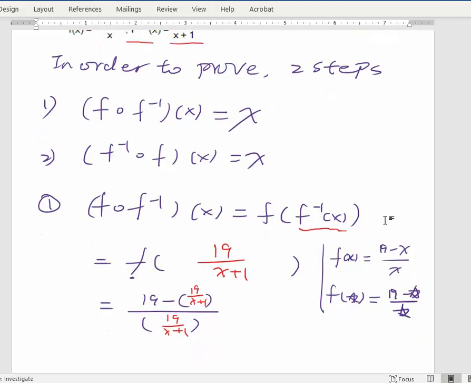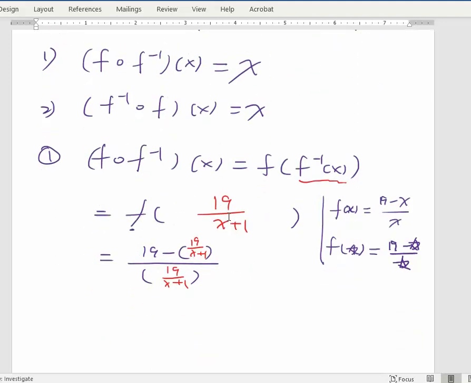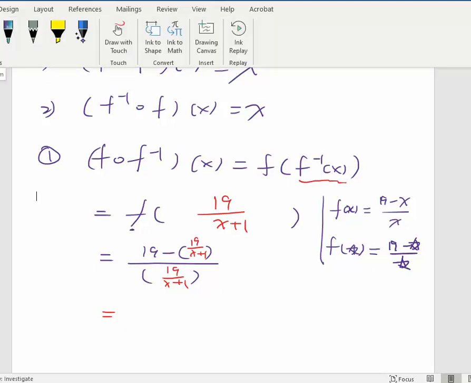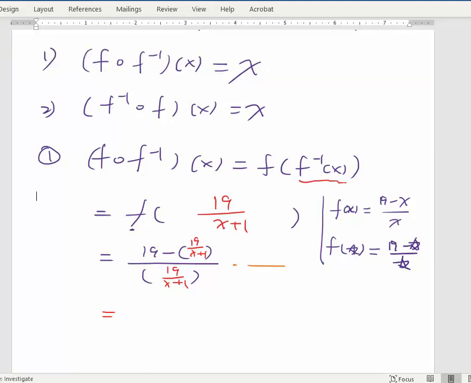So we're going to just go ahead and simplify. Now I use the f function for this one. The rest is just simplifying. In order to simplify this one, I am going to multiply top and bottom by x plus 1 over x plus 1, to make it easier.